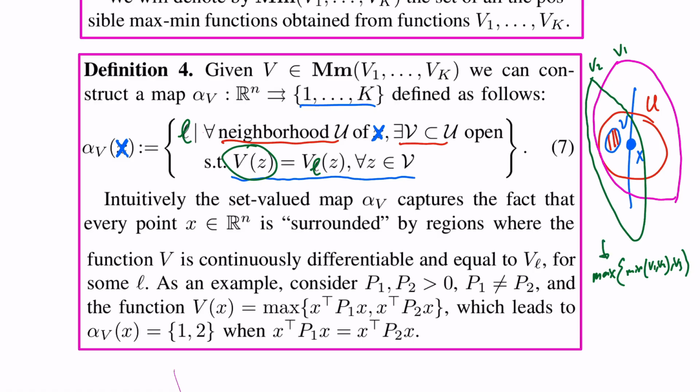For a given x, this alpha V of x tells you a set-valued map, let's say 1 and 3, or rather 1 and 2, for example. I mean, it wouldn't be possible, but let's say that is the case. Okay, 1 and 3.